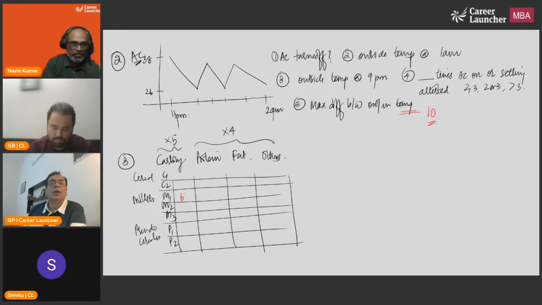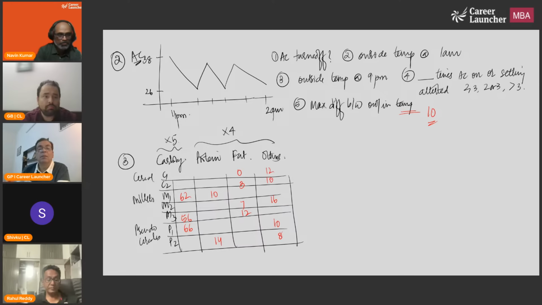This one was 62, this one was given as 56, this one was 66, this one was 10, this one was 14, this one was 0, 3, 7, 12, and then this one was 10, this one was 8, this one was 16, this one was 12, this one was 10. So the trick was to figure out the values in each of the cells so that बाकी जो है 4 के multiple बचे, and there was one and only one way of doing it.